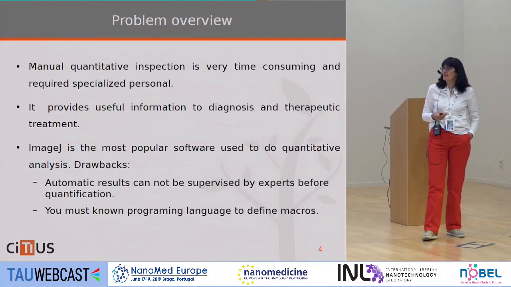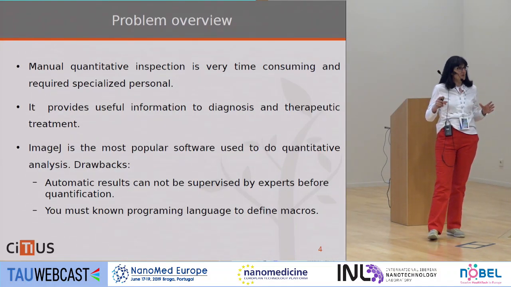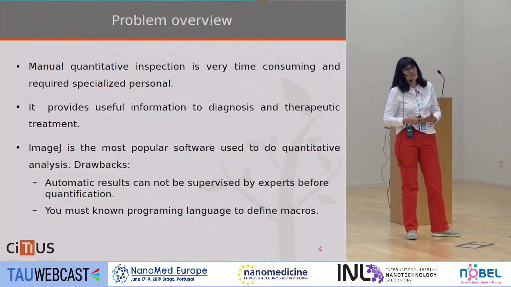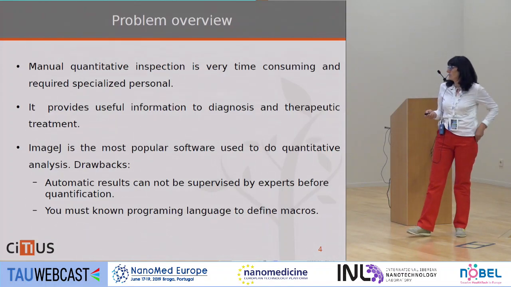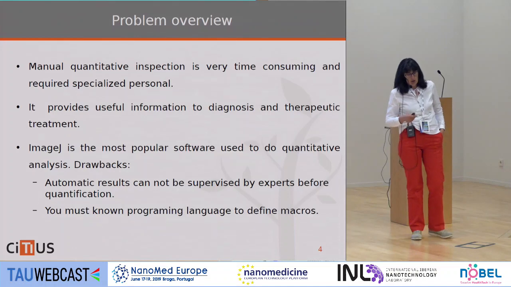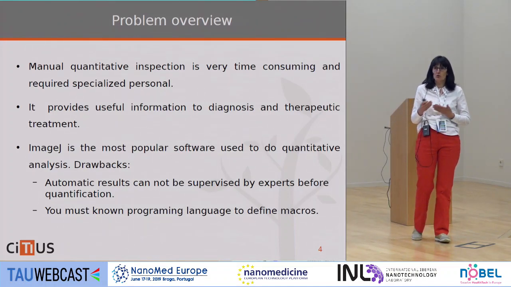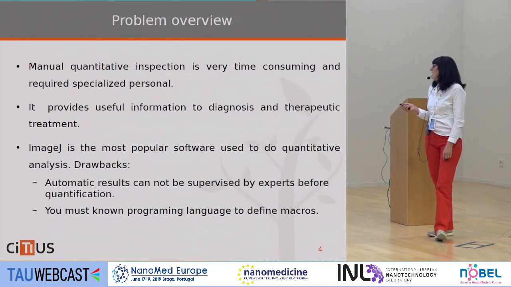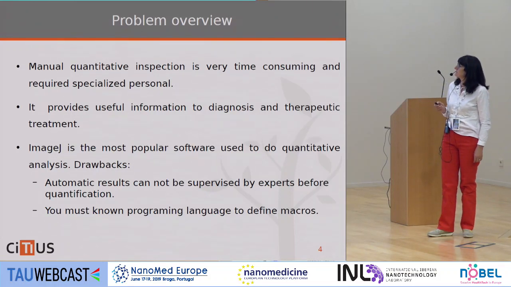The main drawback is that it provides automatic analysis, but many times this analysis is not adequate for biomedical researchers. And otherwise, you need programming skills to define new macros.